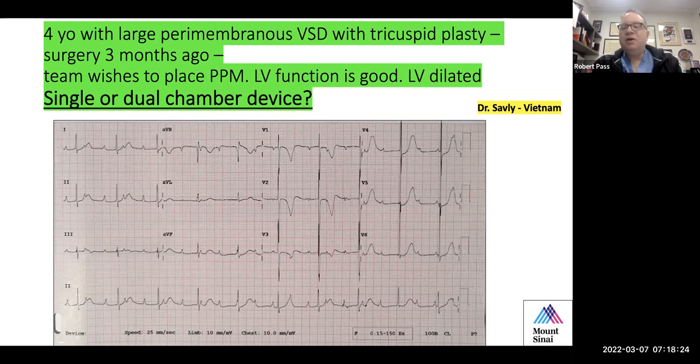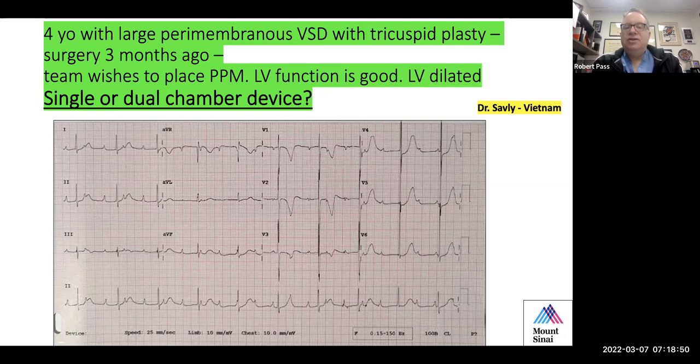Now, I assume that because this patient is in Vietnam, and maybe because resources might be limited, maybe they give patients a longer period of observation, which is why we're a full 3 months out. In the United States, we would never allow somebody to go 3 months following this type of surgery with heart block because we would be concerned about the risk for a problem.